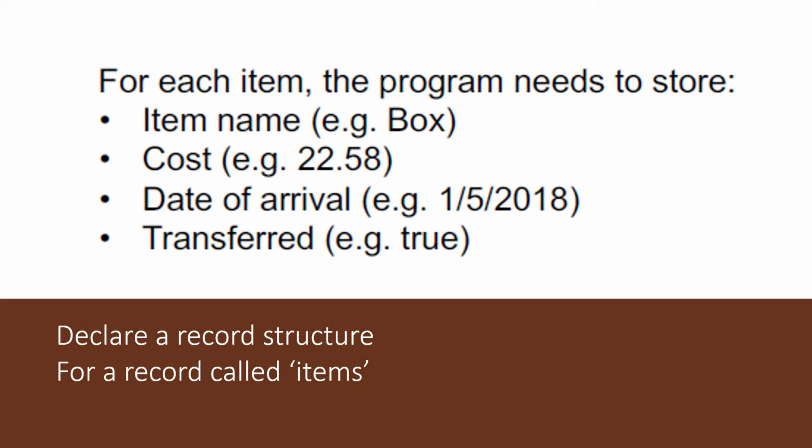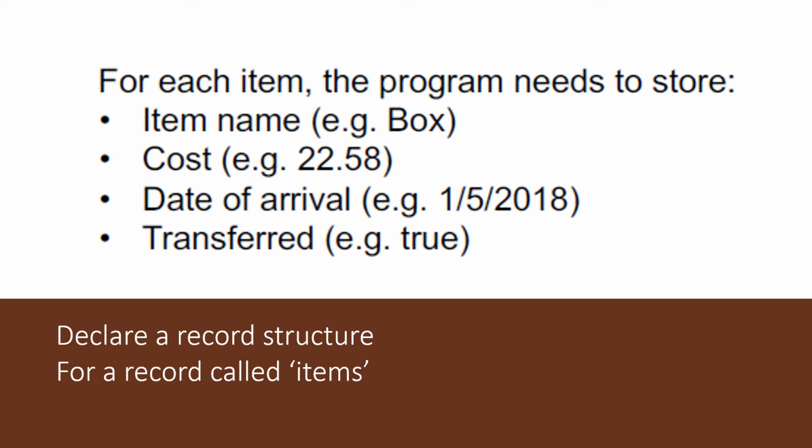They ask you to declare a record structure for a record called items. And it's got 4 attributes, and it's given you the name of each attribute and an example of the data that would be stored, so that you can use that to work out what data type you need.